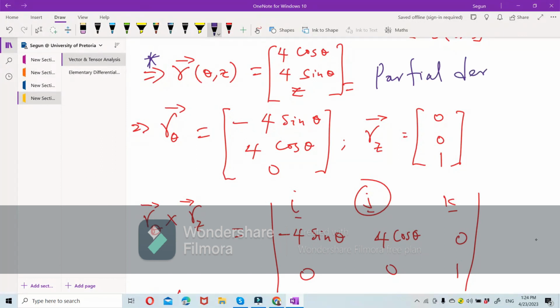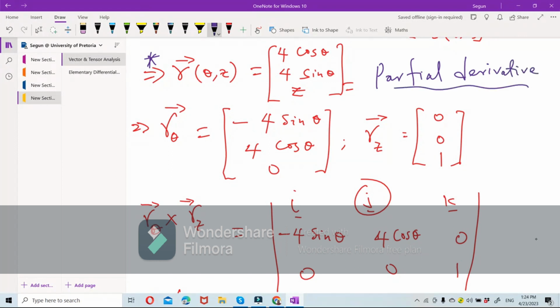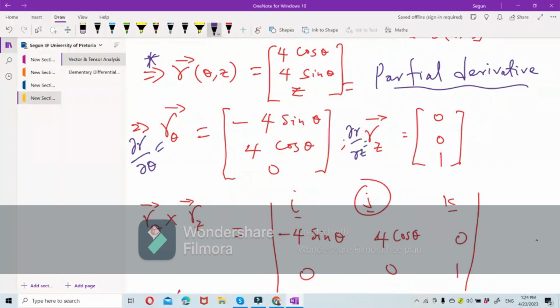Partial derivative. When you use partial derivative, what happens? Differentiate this with respect to theta. That's the meaning of this. It simply means the R, the theta. That's the meaning of what we did here. And this place is the R, the Z. That is what we did here.